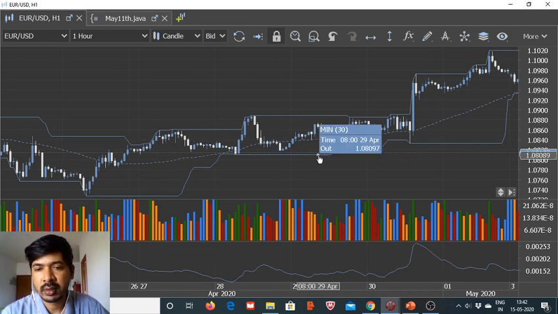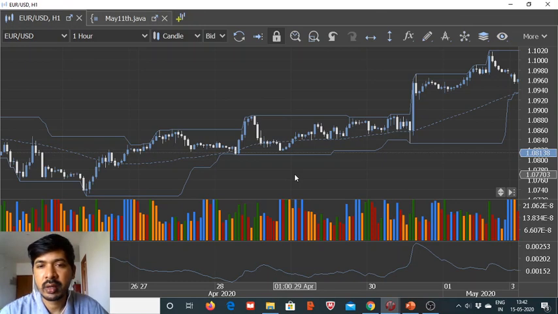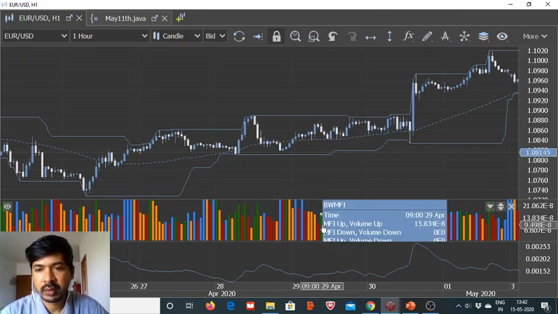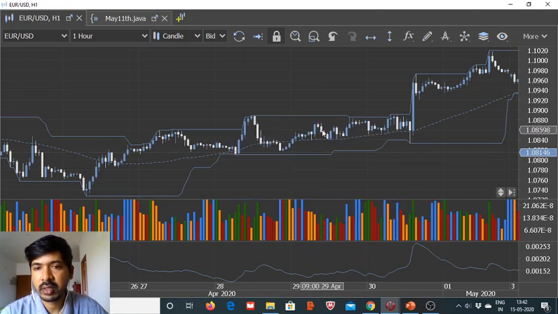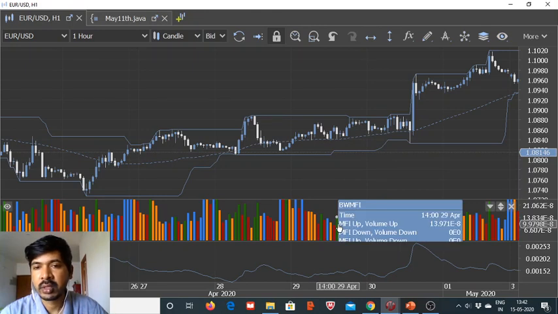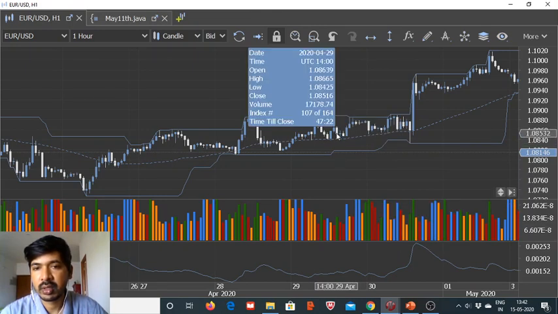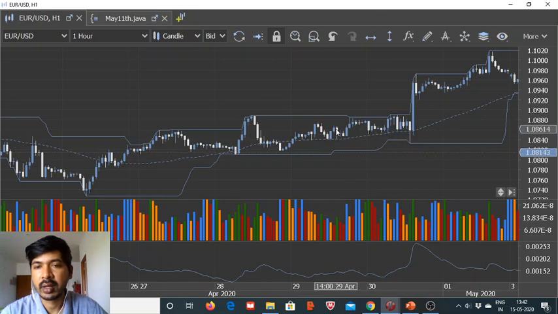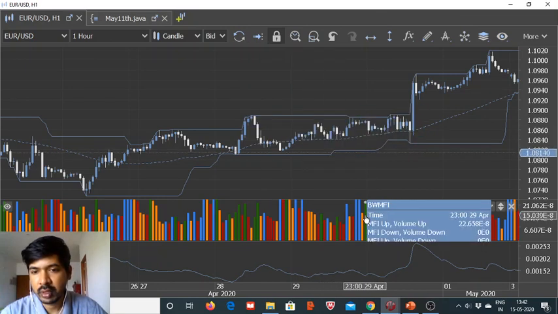So let us look for a buy trade somewhere here. This time is 9 GMT, 29th April. No buy trade will happen. This is 14 GMT. Again no buy trade, as the last candle has closed in red. We need the candle to have closed in green.